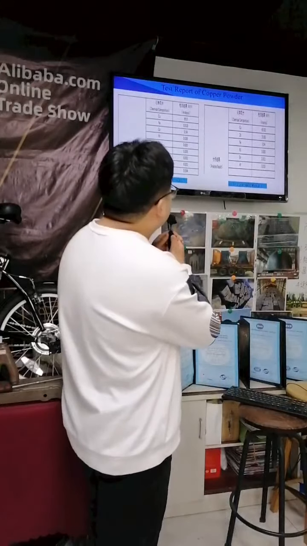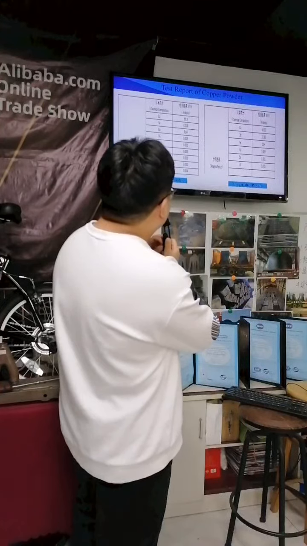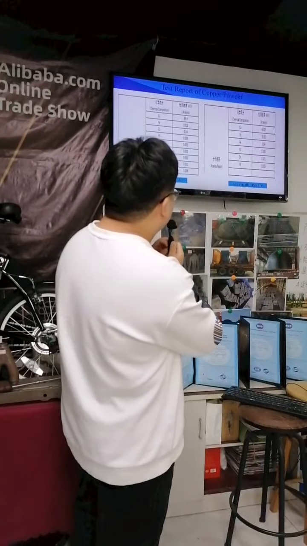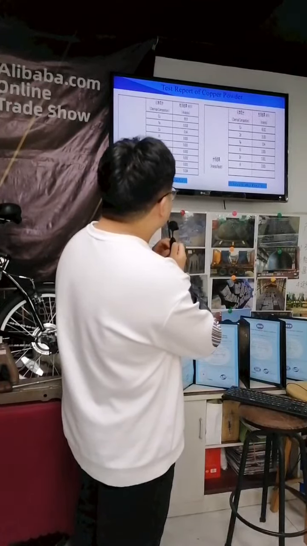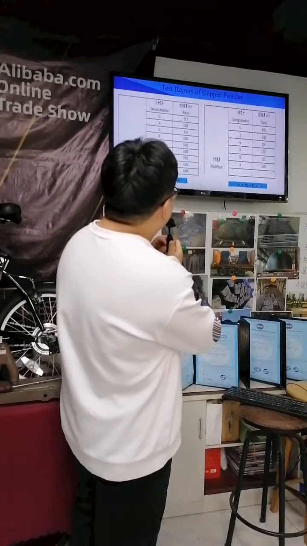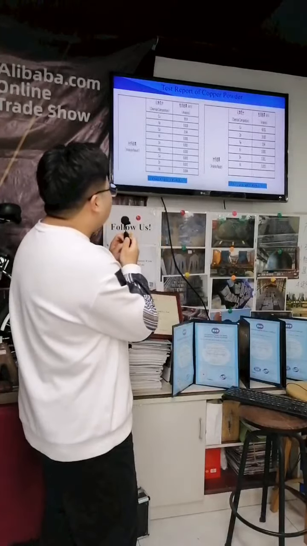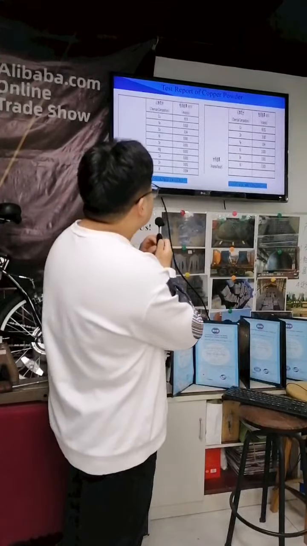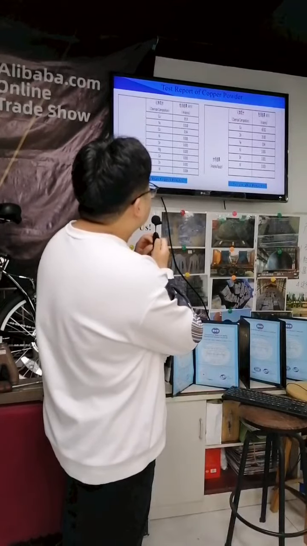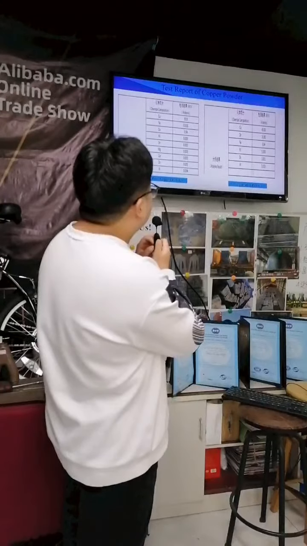Here are the test reports of pure copper powder and copper alloy powder. Pure copper powder contains 99.9% copper, and the iron is less than 0.018%. The cobalt is less than 0.02. Nickel is less than 0.05.